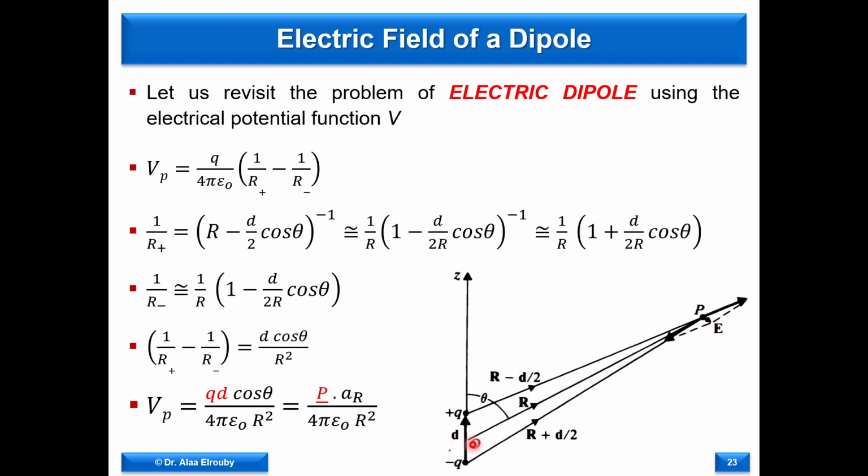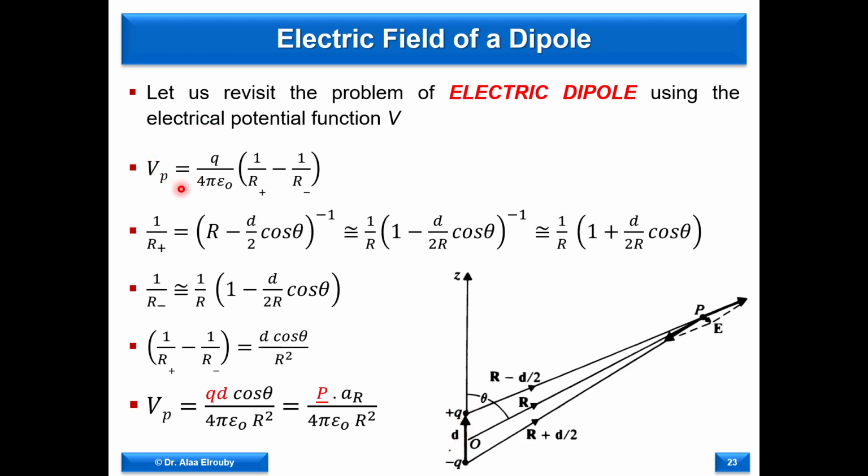Far means that the distance from the origin to the observation point is much larger than the separation between the two charges of the electric dipole, and much larger means 10 times or more than d. So r is larger than or equal to 10d.